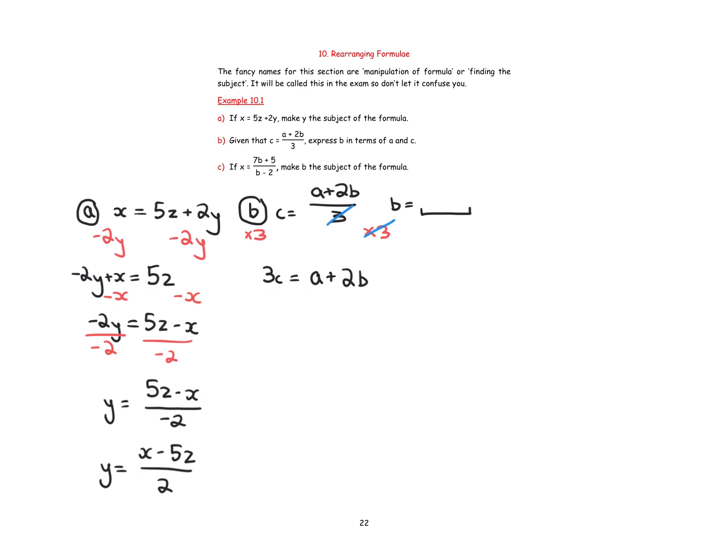We want b is equal to everything else, so I'm going to minus 2b from both sides. Here, I'll be left with 3c minus 2b is equal to a. Next, I want to get the b by itself, so I'm going to minus 3c from both sides. Then I'll be left with minus 2b is equal to a minus 3c.